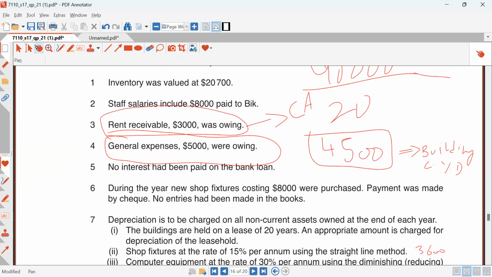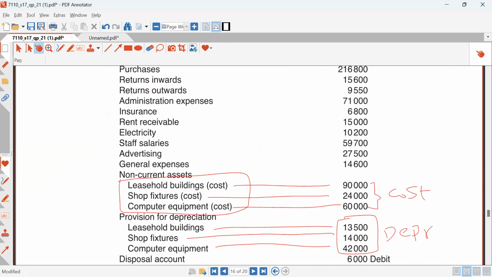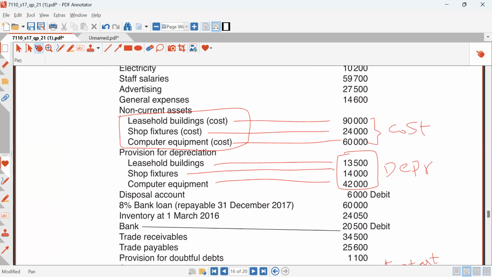What is the value of bank loan interest? So you can simply do 60,000 multiplied by 8%, 4,800. So 4,800 is basically owing loan interest. We haven't paid it for the year.